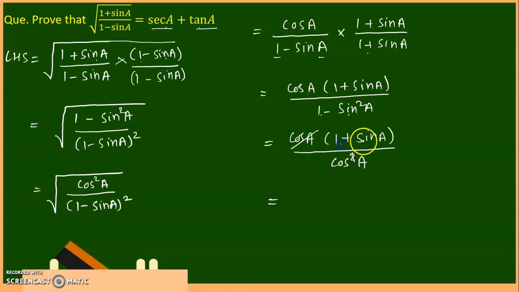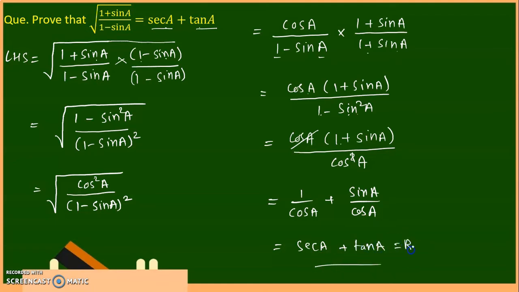So here we will have (1 plus sin A) divided by cos A. So you can write 1 upon cos A plus sin A upon cos A. So this 1 upon cos A becomes sec A, plus sin A upon cos A becomes tan A. So this is what we have to prove on the right hand side.